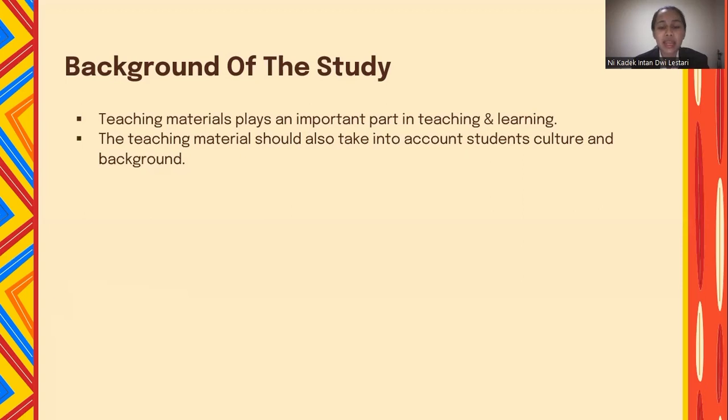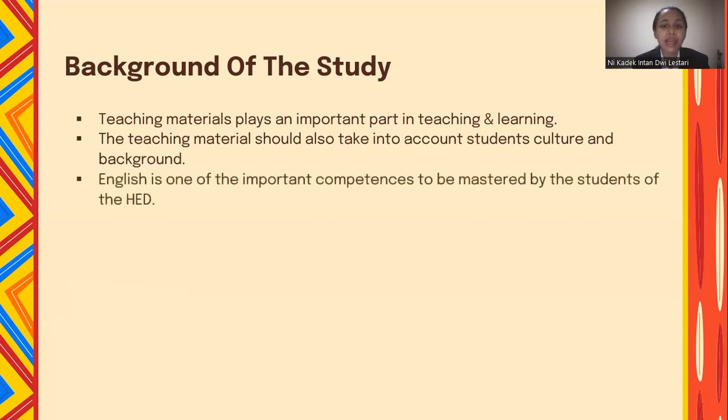They are educated and trained in the Hinduism Education Department, or HED. For that, English is one of the important competences to be mastered by the students of the HED.